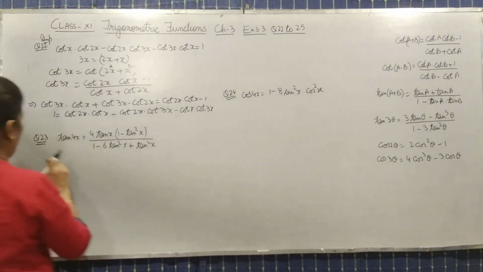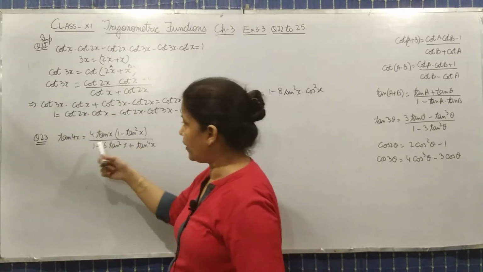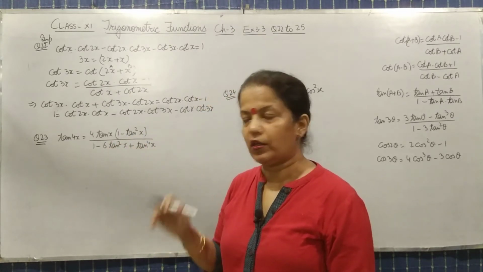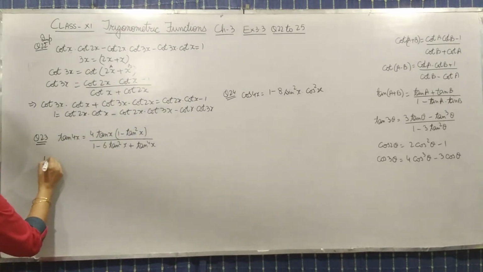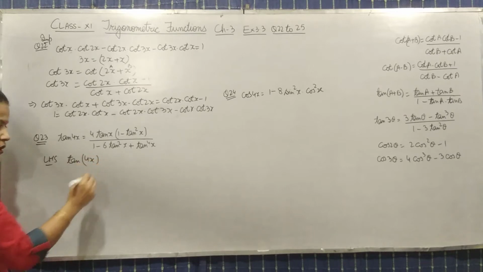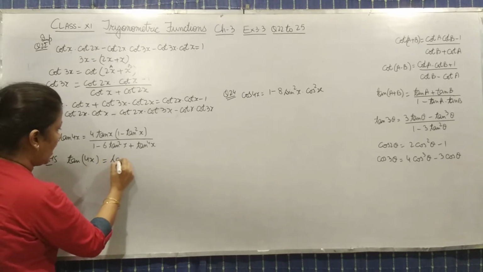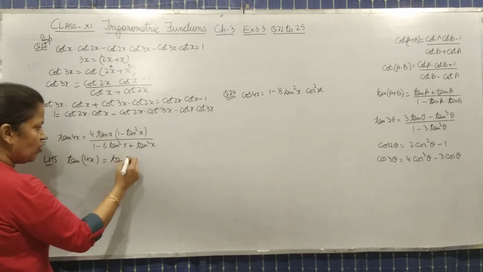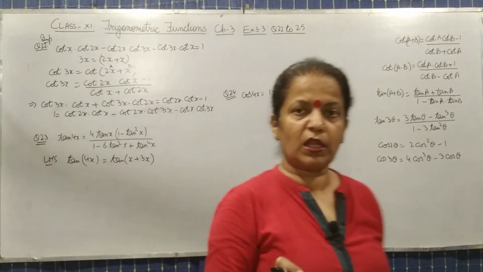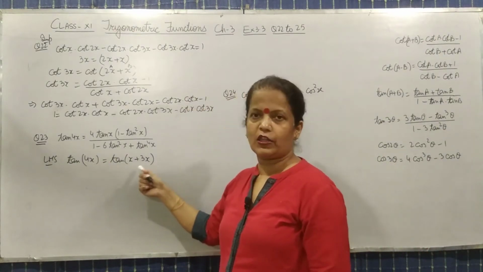Now in question 23, tan 4x is given in the form of x and something else. Since it is in the form of x, we will split up tan 4x on the LHS. x is given in the question, so we write 4x as x plus 3x.